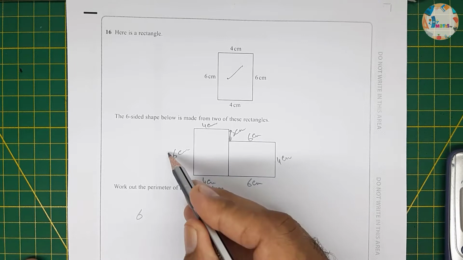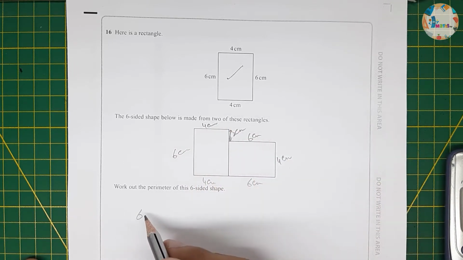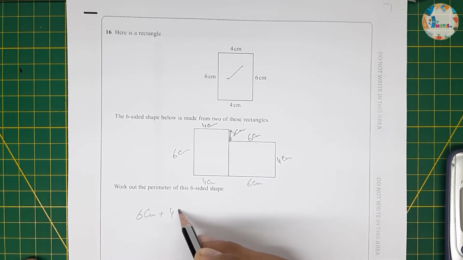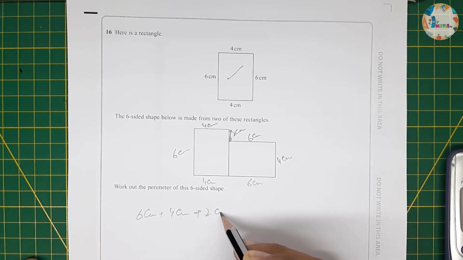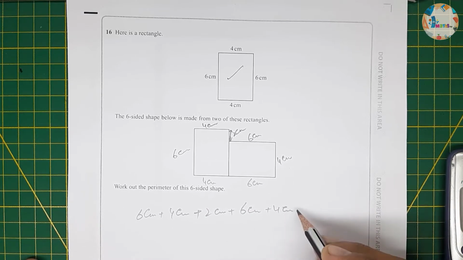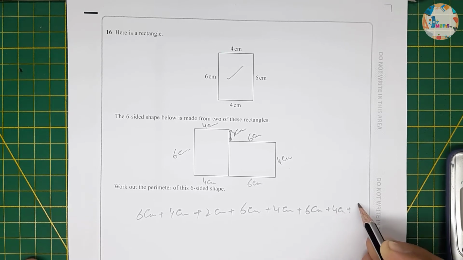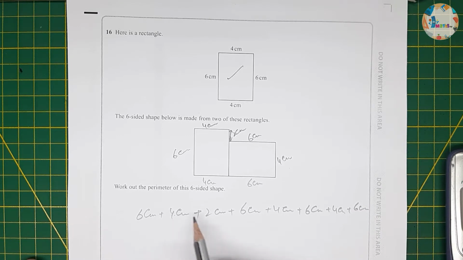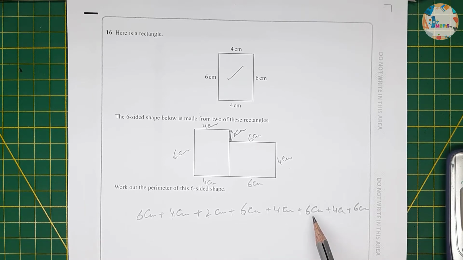Now we can add all these things. I'm starting from here clockwise. So 6 centimeter plus 4 plus 2 plus 6 plus 4 plus 6 plus 4 centimeter. So this will be 10 plus 2, 12, 12 plus 6 will be 18, 18 plus 4 will be 22, 22 plus 6 will be 28.